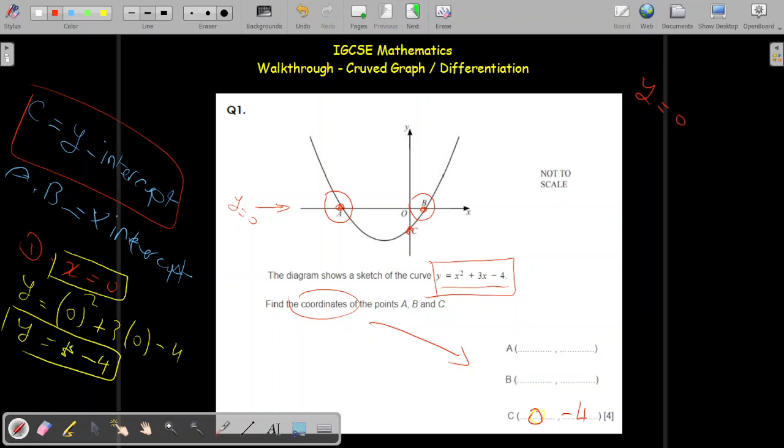So when y equals 0, you're looking again at the equation, and you will say that 0 equals x squared plus 3x minus 4.